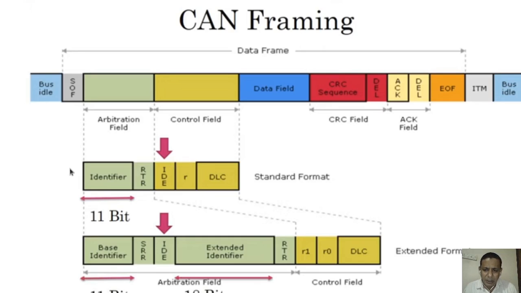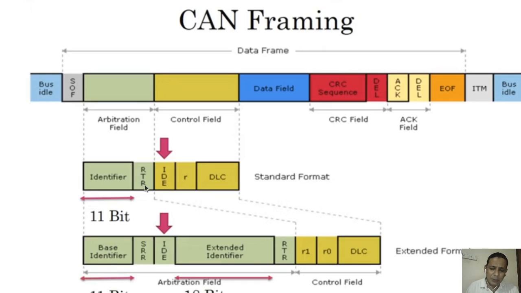By looking into these two figures, you can clearly understand the difference between the standard and extended frame formats. Mainly, the IDE bit comes in the control field in the standard frame format, but it comes in the arbitration field in the extended format.